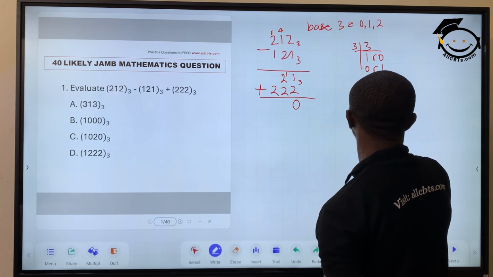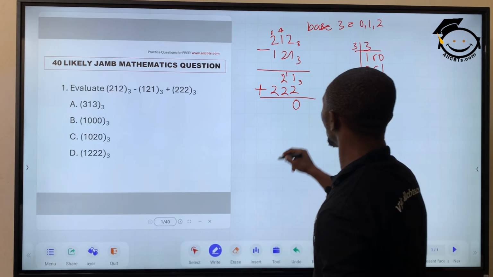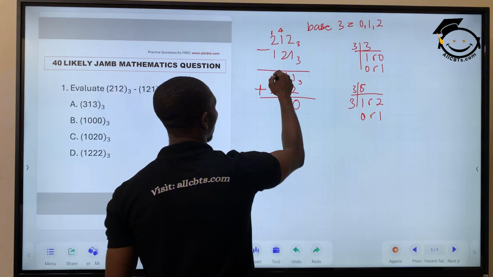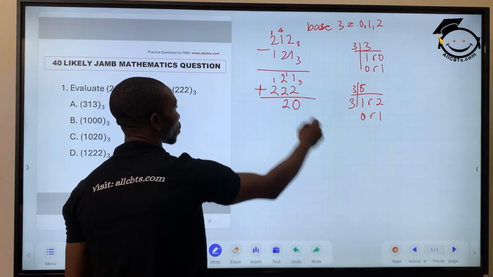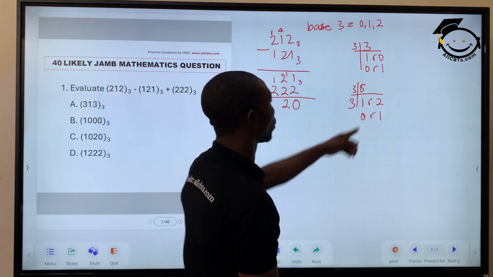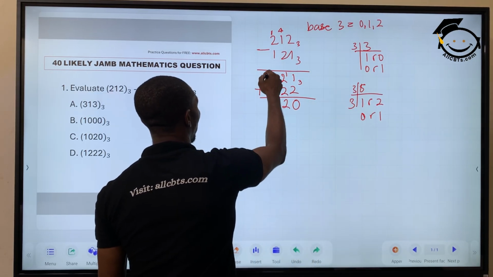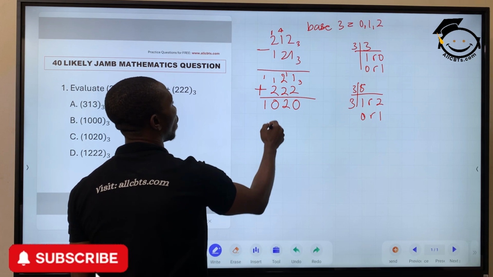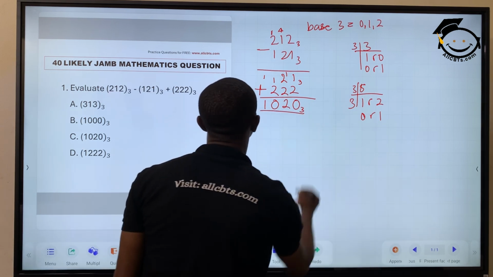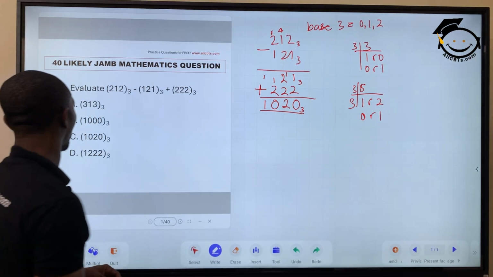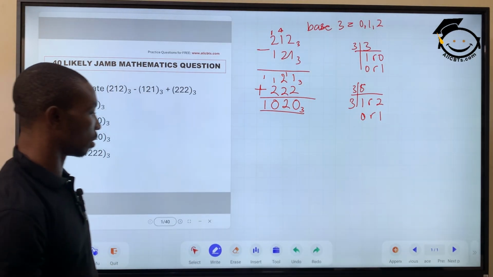So we write down 2 and carry 1. Now 3 plus 1 plus 2 gives us 3, which we know as 0 and 1. So we write down 0, carry 1. 1 plus 0, 1. So our answer would be 0, 1, 0, 2, 0 base 3, which is our option C.